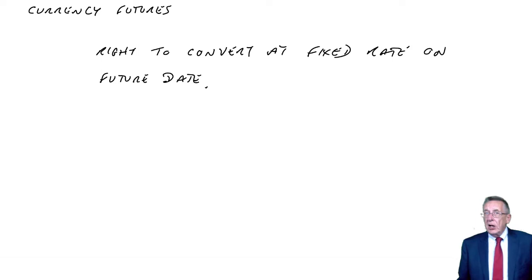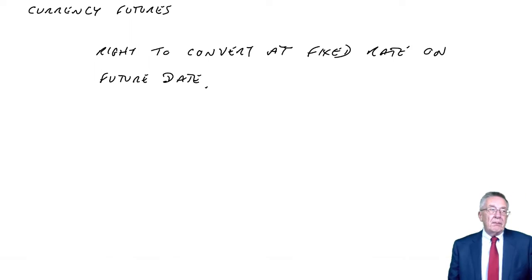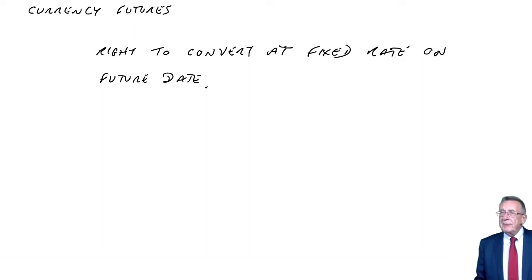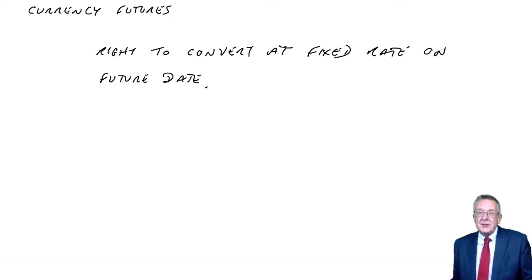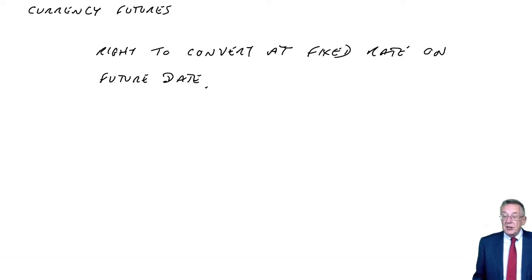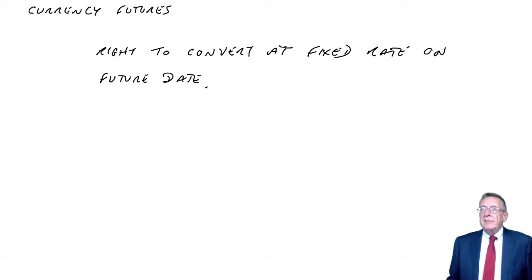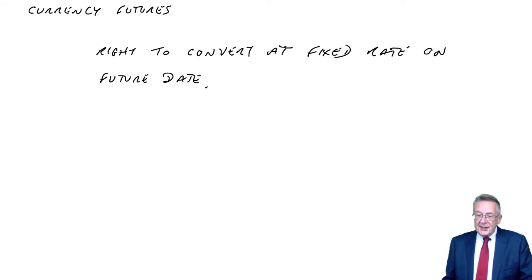However, what makes them a lot different is that instead of giving you the right to convert at any future date, if they're traded, it's 1 month, 2 months, 3 months, and so on. But instead of any future date, futures only give you the right to convert at one of 4 fixed dates.